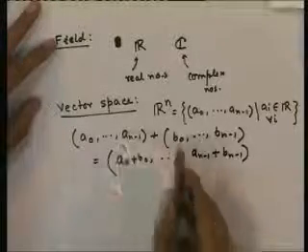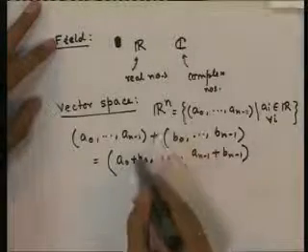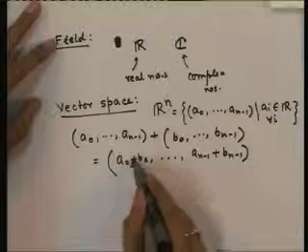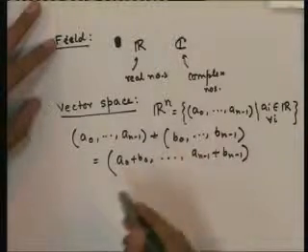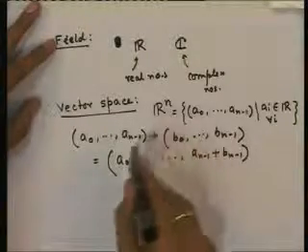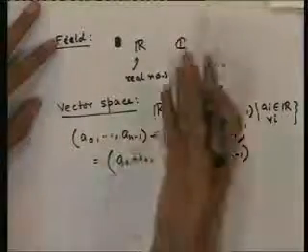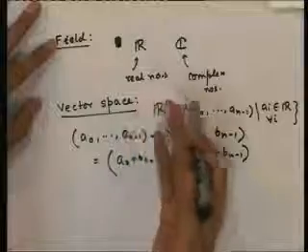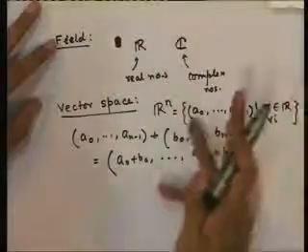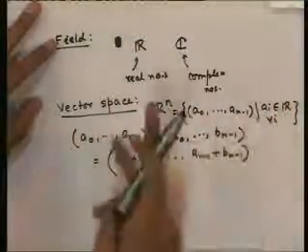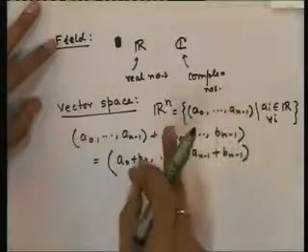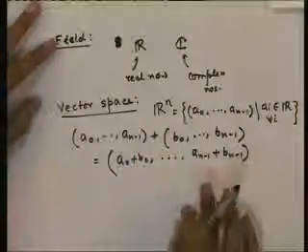This is the addition of these two vectors. Remember, this addition and this addition are not the same. This is real addition, this is the addition of two vectors. Addition of two vectors is defined in terms of addition of real numbers. Similarly, if we have complex numbers, C power n will be defined as n-tuples of complex numbers, and you can define the vector addition in terms of complex additions.